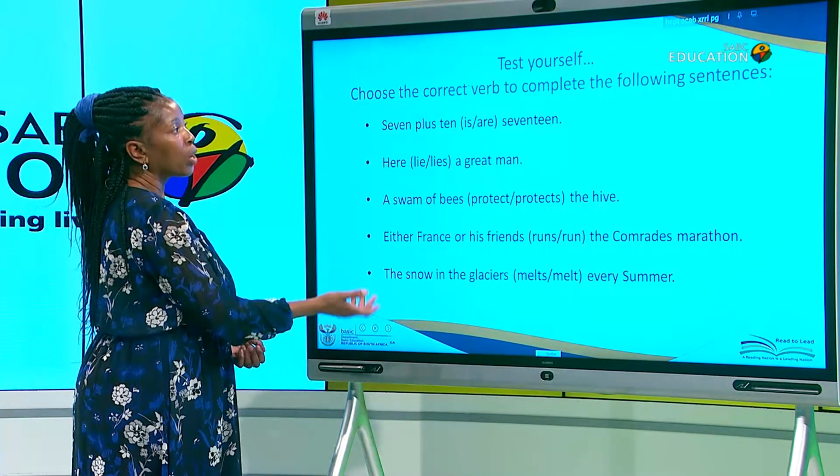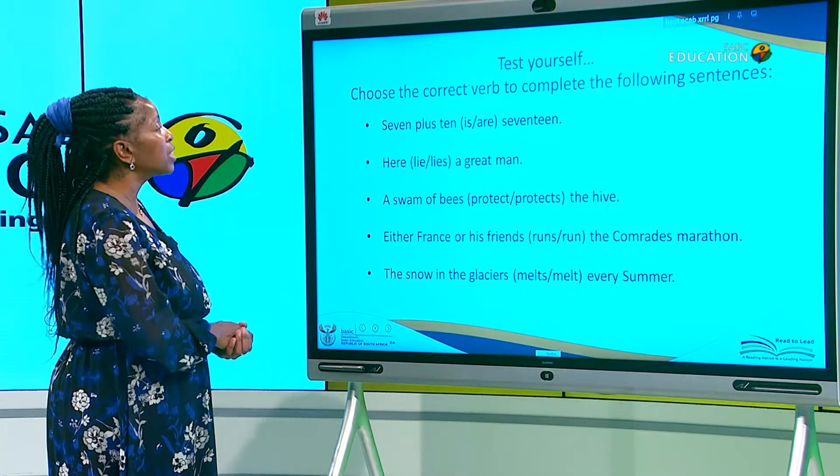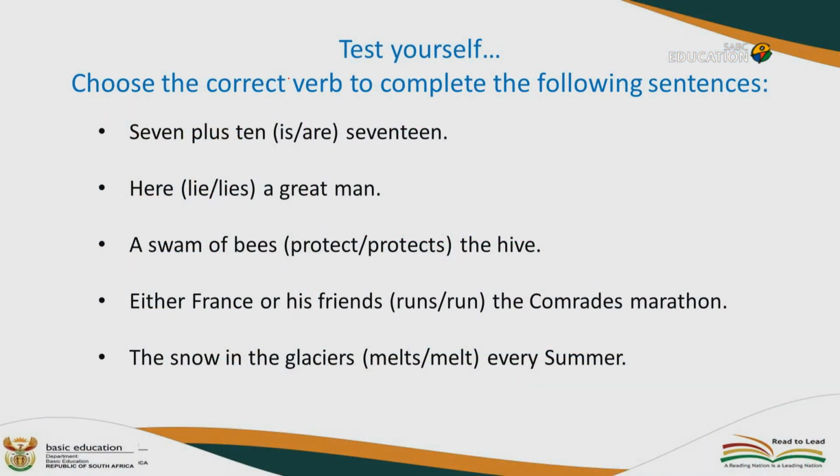Okay, we have a test yourself activity. You will be given an activity like this in your exam where you need to choose the correct form of verb. 7 plus 10, do you think we have to say is 17 or 7 plus 10 are 17?